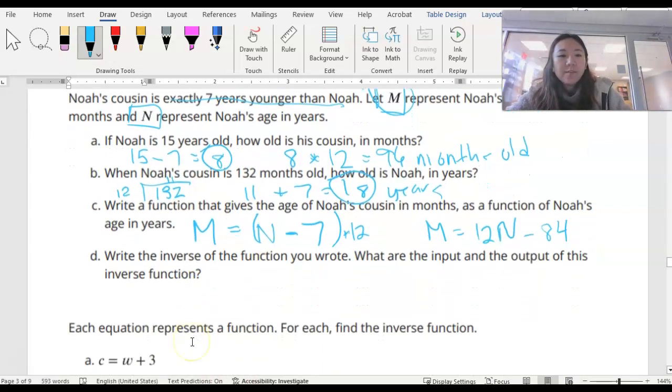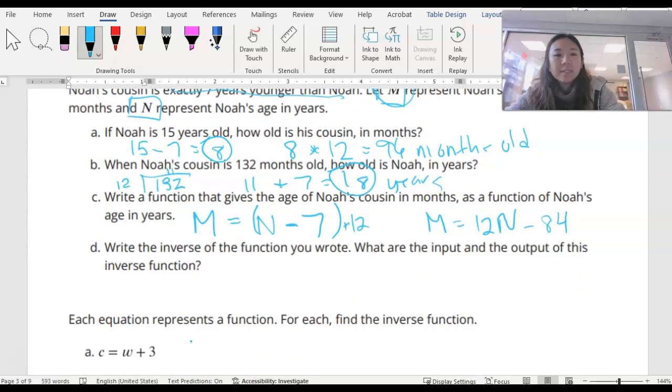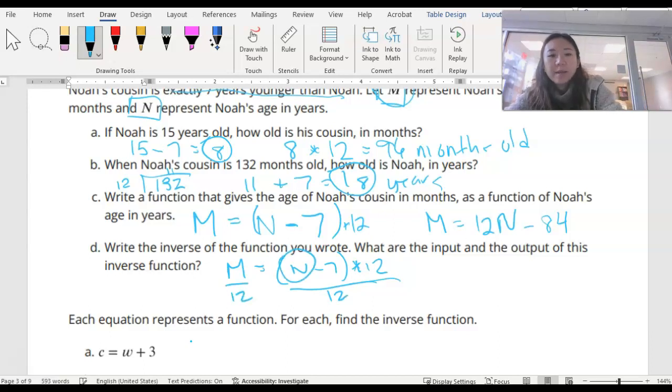All right, it says write the inverse of the function you wrote. So now in this case, I'm solving for n. So m equals n minus 7 times 12. I'm going to divide both sides by 12 because I want to get n by itself. So now I have m over 12 equals n minus 7. And then I can add 7 to both sides.